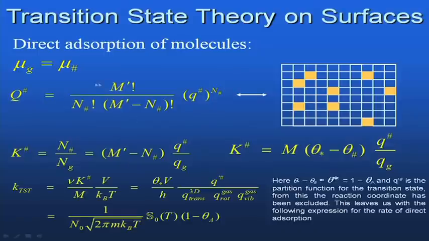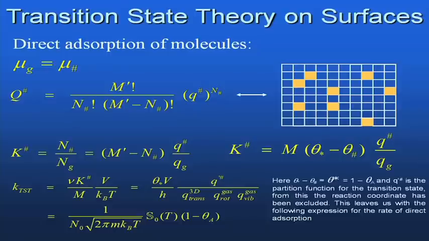Okay. So, you see, as usual, some of the sites are occupied with respect to the molecules, and your overall partition function Q in the transition state is this. You are putting in a similar treatment to what we did for direct adsorption of atoms.